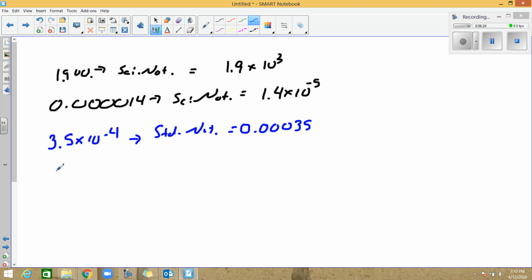Let's do one more here before we call it a day. 3.8 times 10 to the 11. Again, we're going to go into standard notation with this, or as a real number. Now this number gets bigger, because if I take it times 10, I get 38. If I take it times 100, I get 380. Well, I've got 11 of those 10s all times each other.